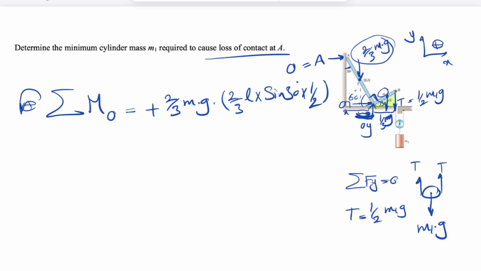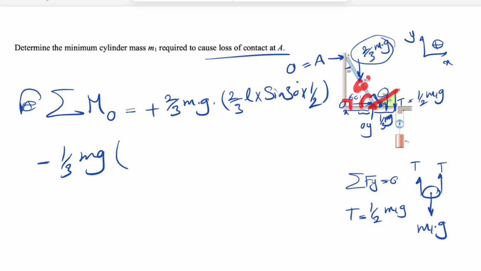So half of that, we're going to have the moment of the 1/3 part, which is going to be clockwise, so negative 1/3 of mg. And for the distance, this angle also is 30 degrees because we know this angle was 30 degrees. So since this angle was 30 degrees, we have a right triangle, which means this angle would be 60.